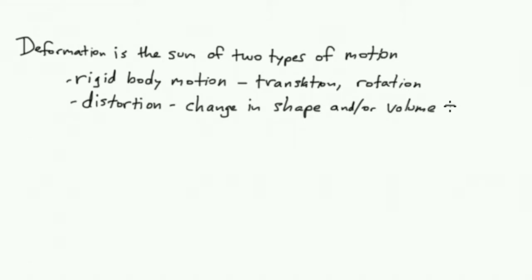And this is what we call strain. We use the epsilon symbol. So strain is a synonym of distortion.